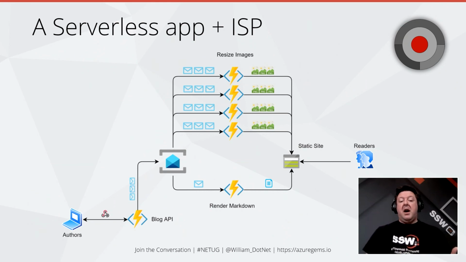So comparing that with our classic application, if we wanted to resize all the same number of images, either the process would take a whole lot longer to complete, or if we try to just use as much CPU as possible on resizing images, we won't be able to render Markdown and won't be able to process new requests or upload new content or even serve the content to our users because we just overloaded that poor little server. But in this case, because it can scale independently, just for that feature, that is really, really awesome.